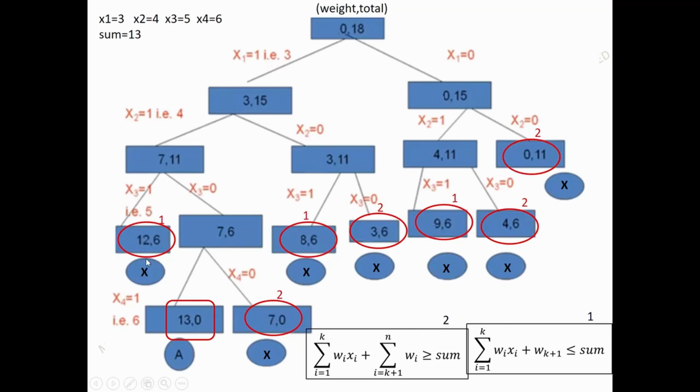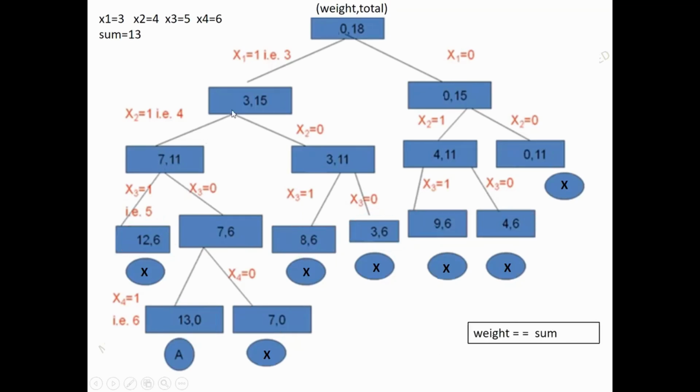Because this is not non-promising, it goes in the left direction, and this is the answer. After printing the answer, it backtracks its path, and then it tries x4 is equal to 0, and this is non-promising, so it backtracks again and again, and then moves forward to the right direction.